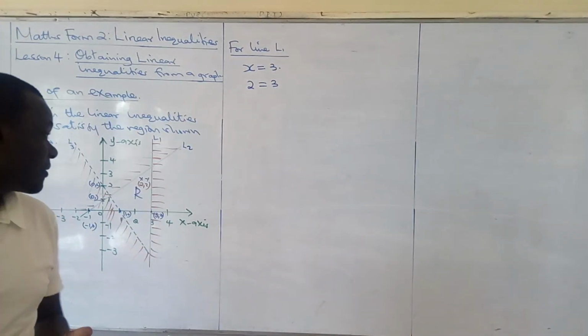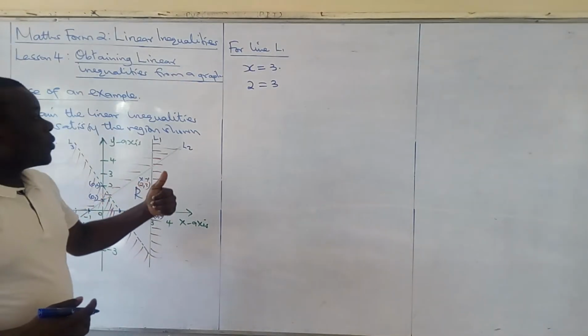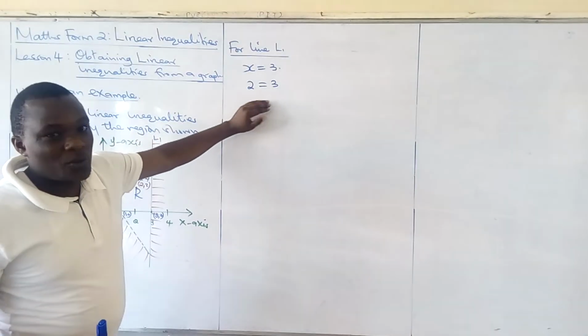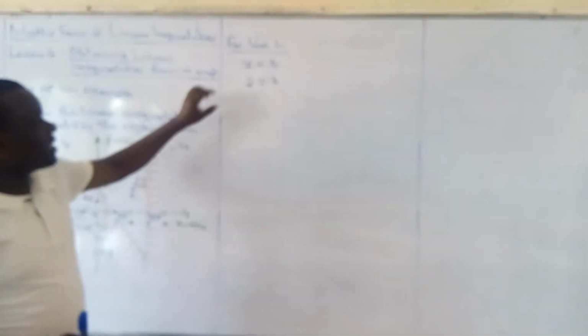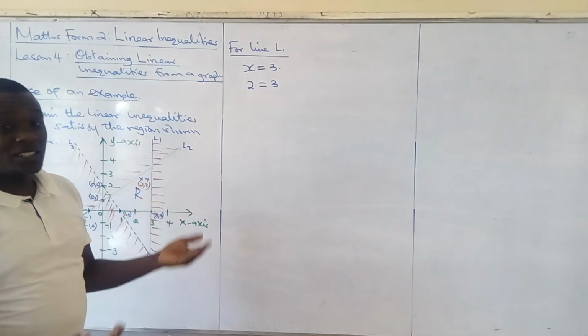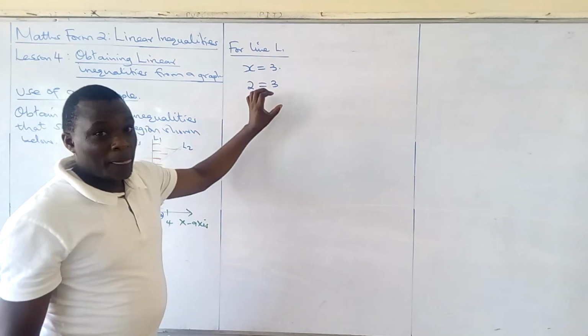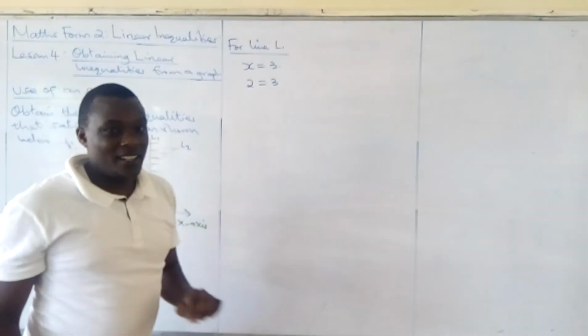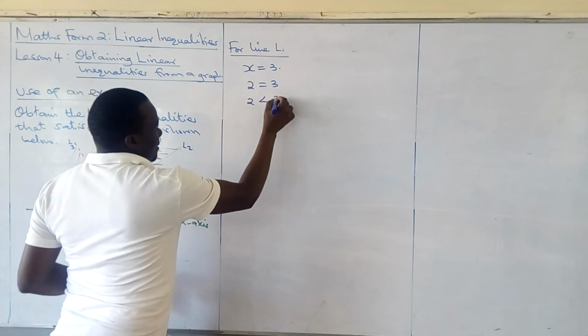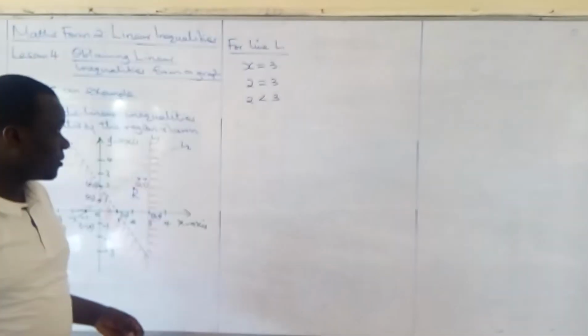Then we ask ourselves, which statement fits what we have obtained here? Can we say 2 is greater than 3? We cannot say that. Can we say that 2 is less than 3? Yes, we can. So we say 2 is less than 3. That statement is very true.